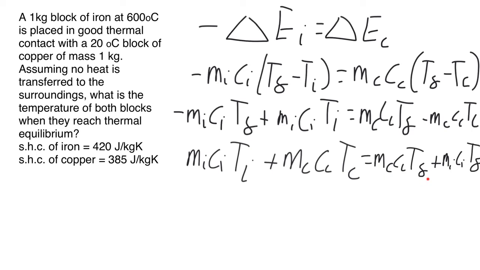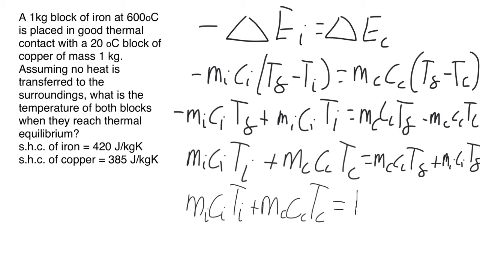I'm now going to factorize Tf out of these two. This left-hand side will stay exactly the same, equal to Tf, so taking Tf out and factorizing, I get Mc Cc plus Mi Ci.